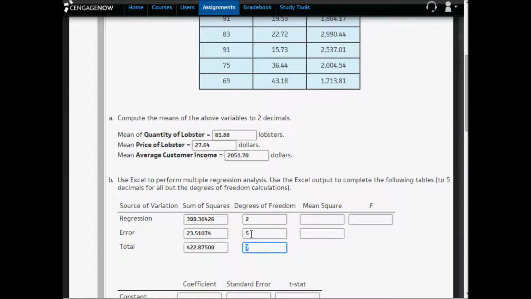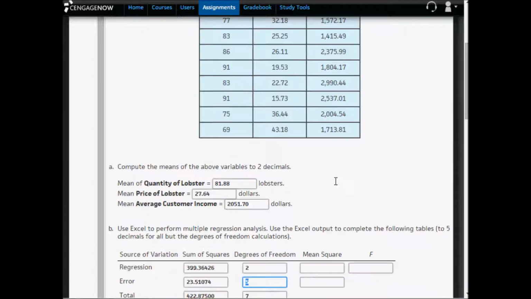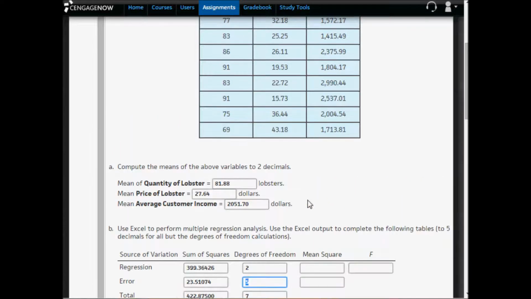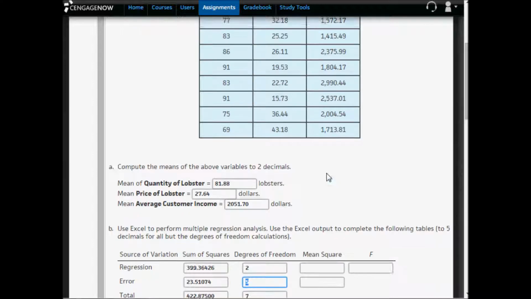Now, why is the error degrees of freedom 5? Well, again, we have 8 observations, and we've estimated 3 parameters: the intercept, the coefficient that goes with lobster price, and a coefficient that goes with customer income.